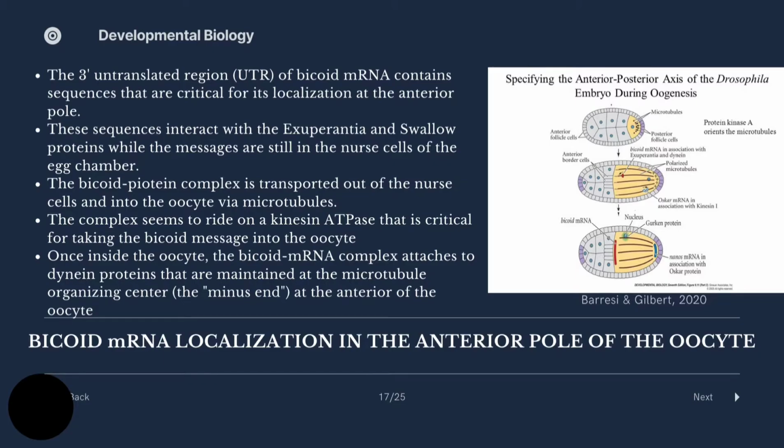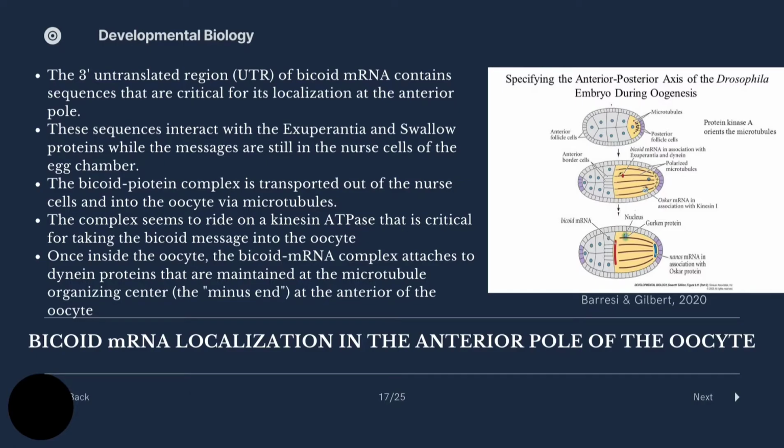And these sequences interact with the exuperantia and swallow proteins while the messages are still in the nurse cells of the egg chamber. This bicoid protein complex is transported out of the nurse cells and into the oocyte via microtubules.